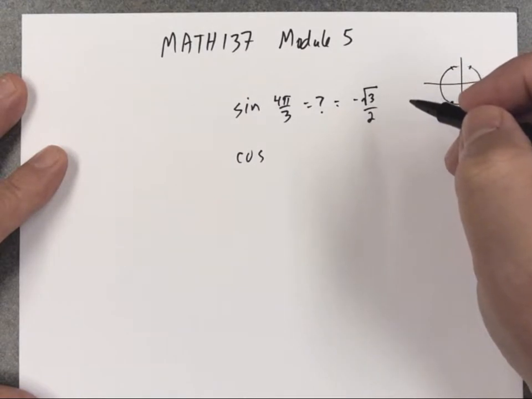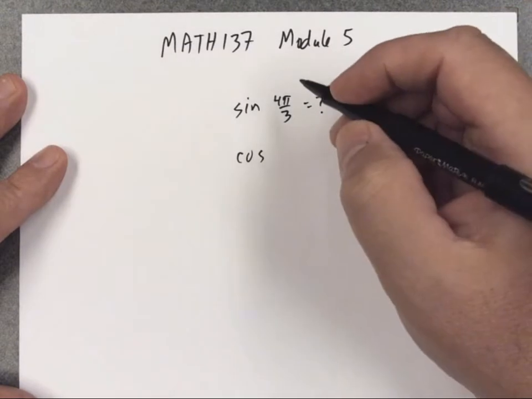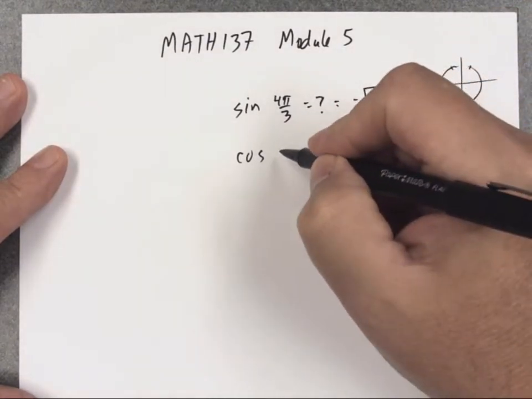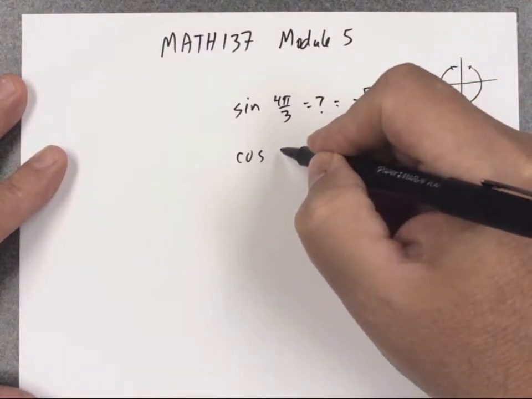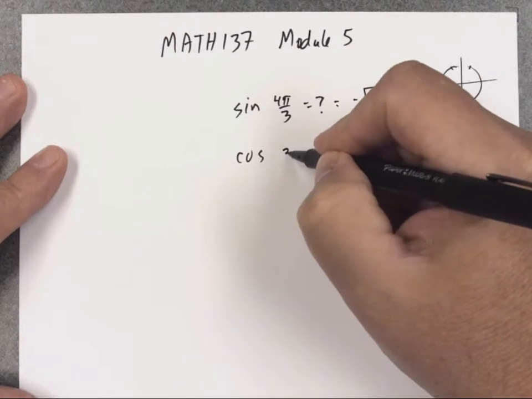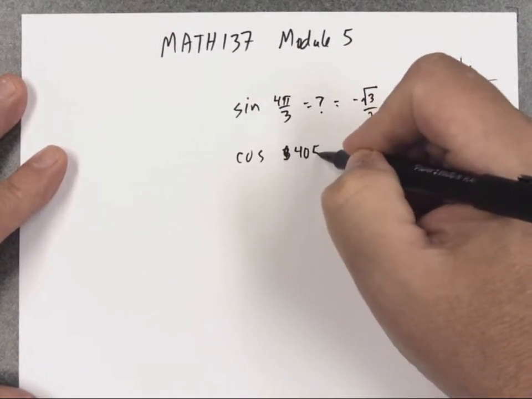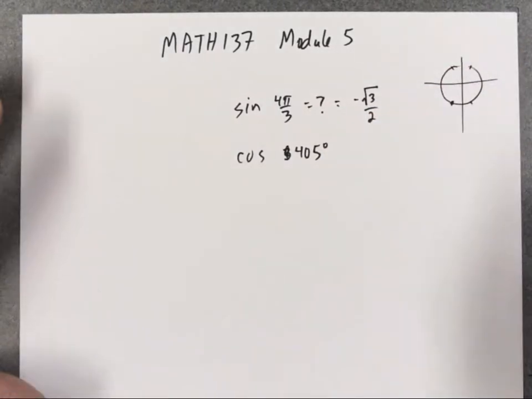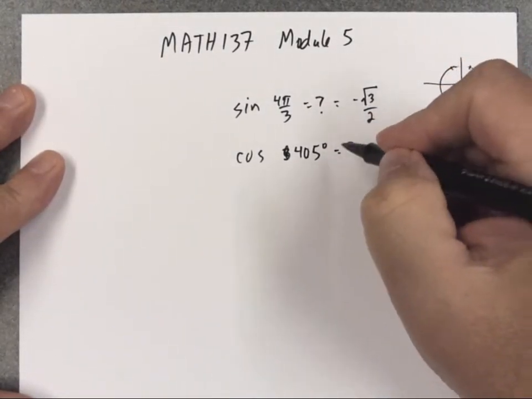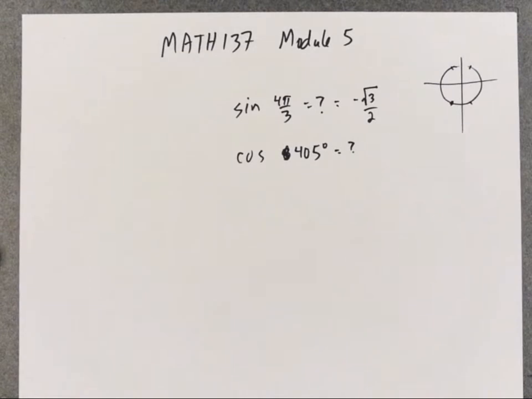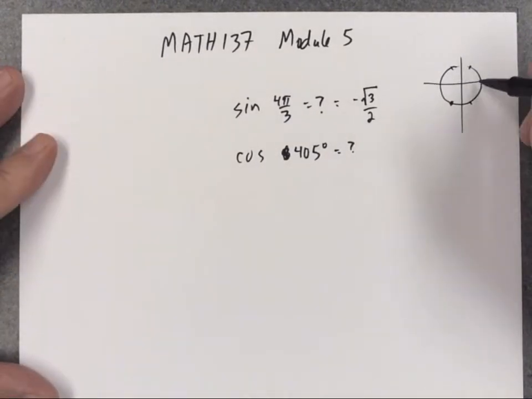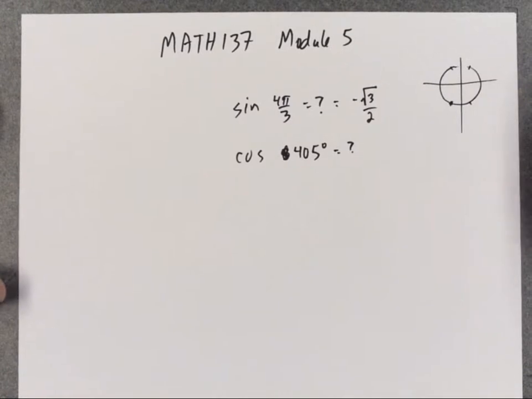How about the cosine of 405 degrees? Well, the first thing I realize is all the way around the unit circle is 360 degrees.